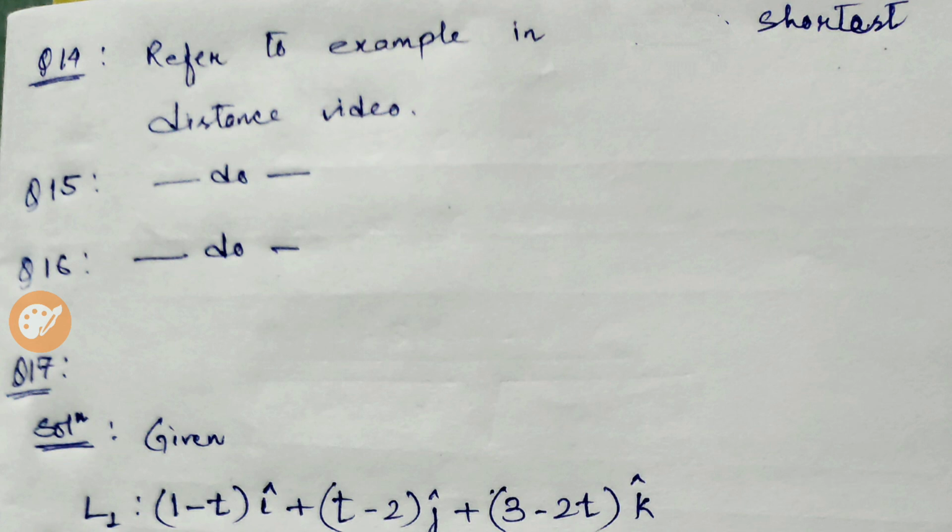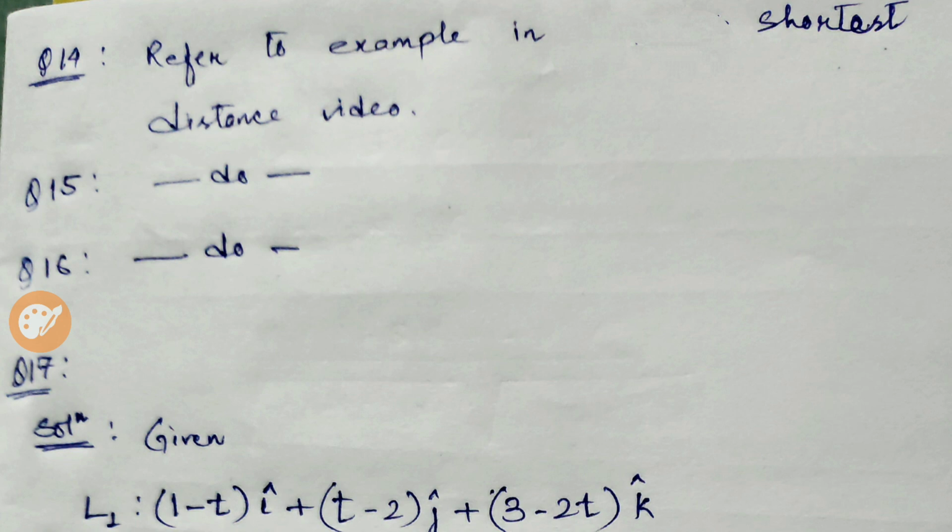Question number 15 is also the same. Yes, it is the Cartesian form, so from there you can get your A1 vector, B1 vector, A2 vector, B2 vector, and then solve it. Question number 16 is also exactly the same. So see the previous videos, the description is given in the link.